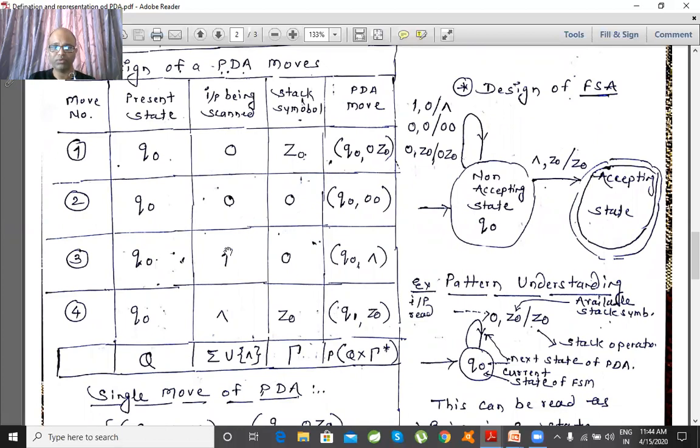If 1 appears on your input, at that time if the stack contains a 0, then we can nullify or pop the available stack symbol from the stack, and operate the pop move and go from Q0 state to Q0 state. We retain the state.